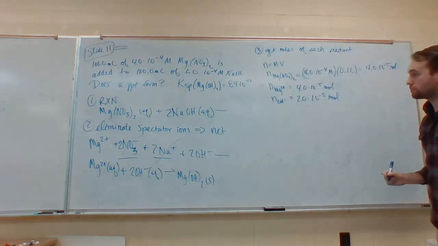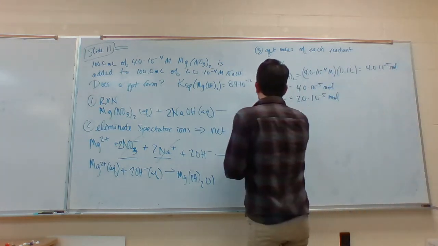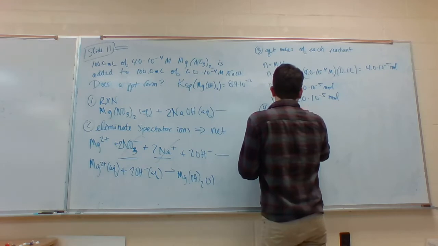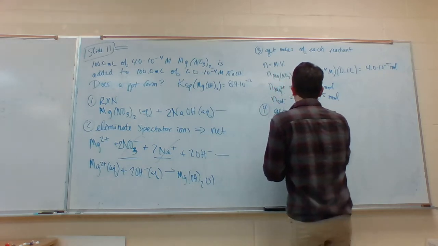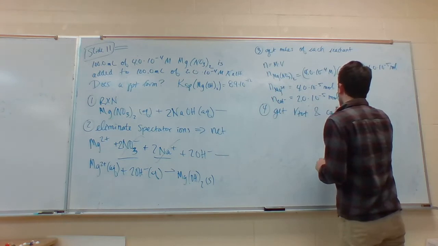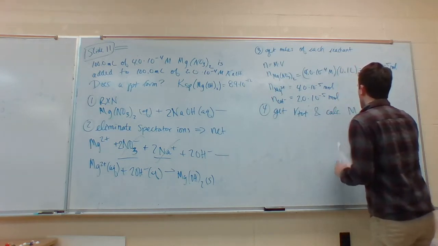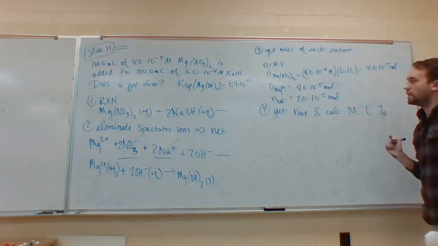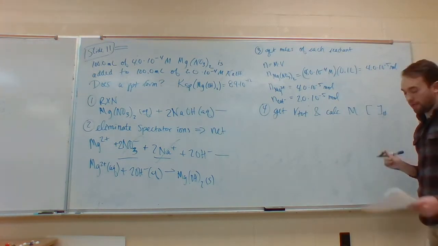Once we've got that, then we can get our molarities by using our total volume. So, we're going to get our total volume, and then we're going to calculate our new molarities. Those will be our new initial concentrations.